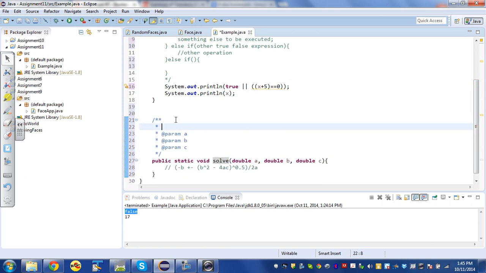an explanation, something like assumes that solutions are not complex.